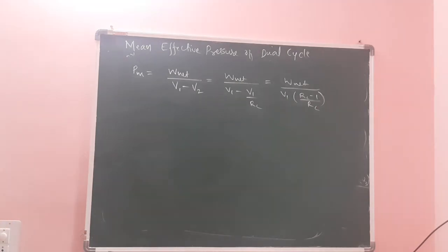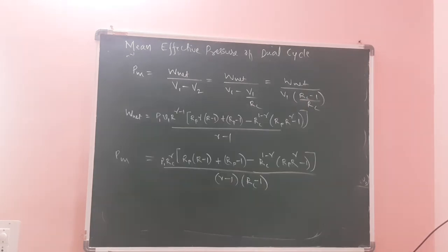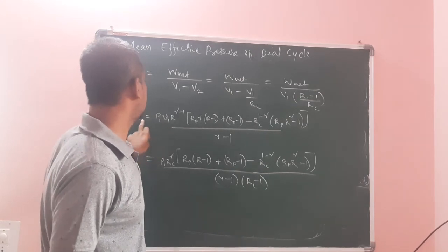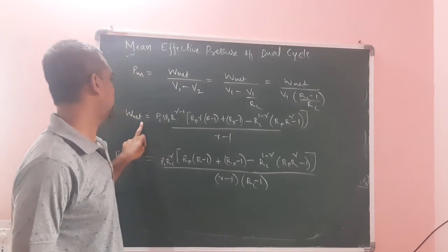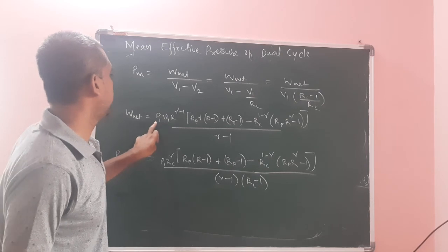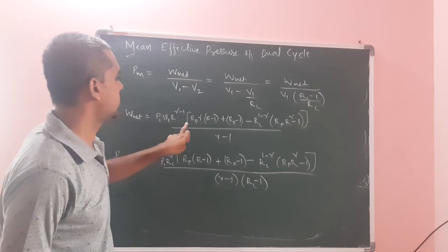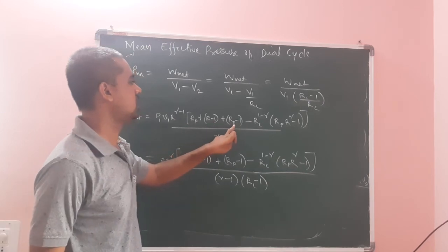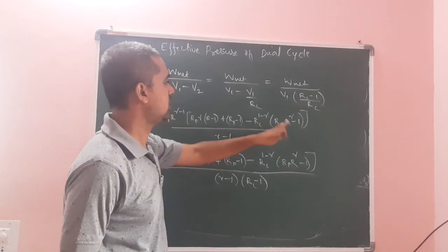Now we have to substitute that W net here. That W net just now we have calculated, that W net we have to substitute here. These equations, this is just now we have derived. This is the equation for the W net. W net is equal to P1 into RC raised to gamma minus 1 into the bracket with the RP terms, minus this term.